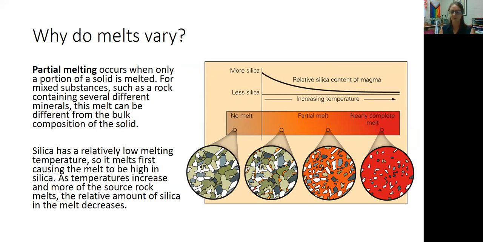The felsic minerals are going to melt first, leaving the more mafic minerals solid within the rock. As the temperature increases and more of that rock melts, then the mafic minerals will also melt. But initially, the melt is going to start off as relatively felsic compared to the rock because the felsic minerals melt first. That's partial melting.